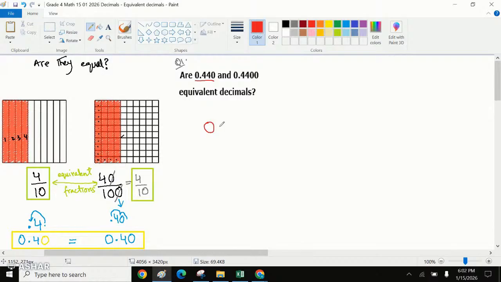This was, and the next number was this. What we need to see is the decimal comes right under the decimal.